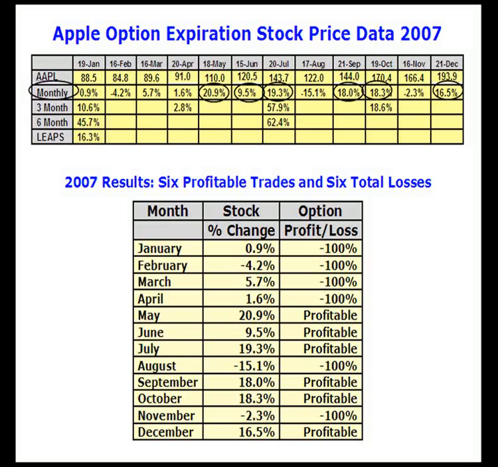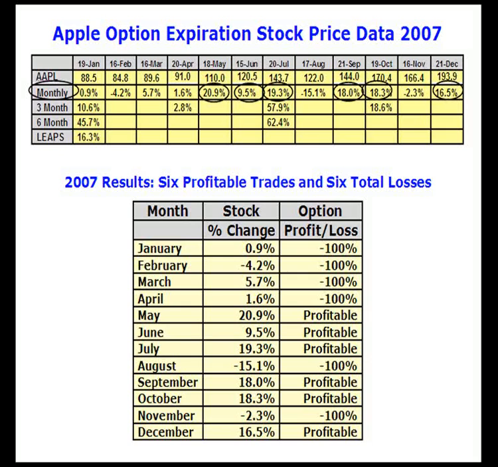The Apple 185 strike out-of-the-money call required an 8.6% increase in Apple stock price at option expiration in order to break even. The 2007 option expiration price data table allows us to project how many months in 2007 would be profitable based on an 8.6% increase in Apple stock price to break even. We can see from the price data for 2007 that there were 6 months that the Apple stock increased 8.6% or more.